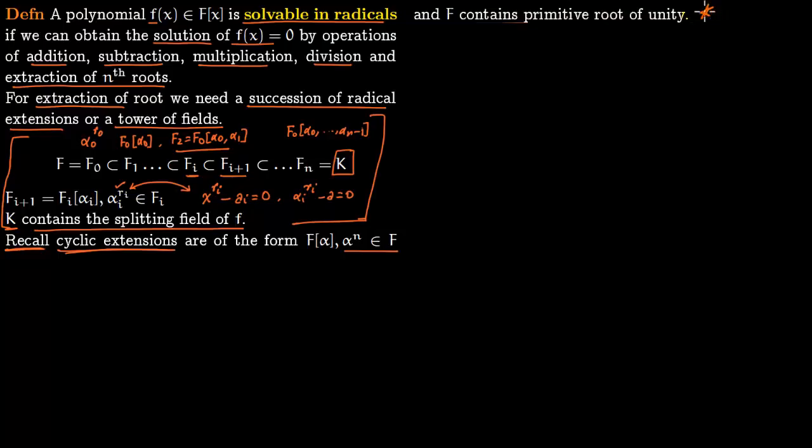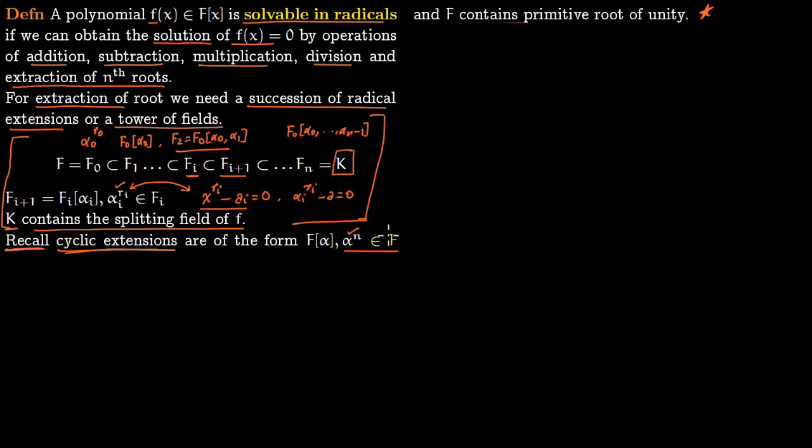This we discussed before when we talked about cyclic Galois extensions. The cyclic Galois extensions arose from fields like this. Again, this should remind you of this equation right here: we used x to the power of n minus a equals 0, and here we are just using multiple such equations, one for every extension.